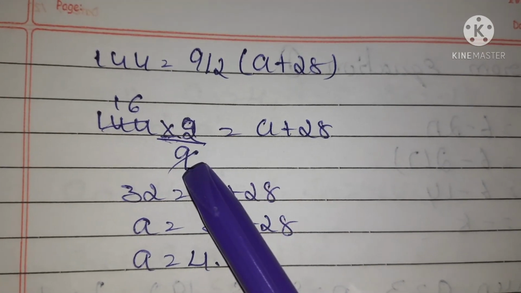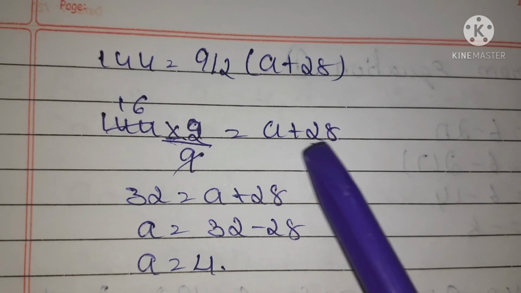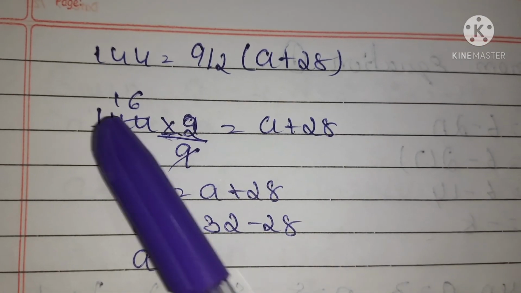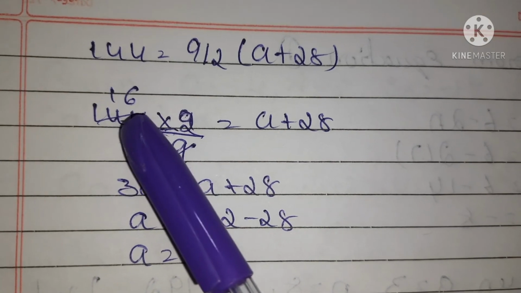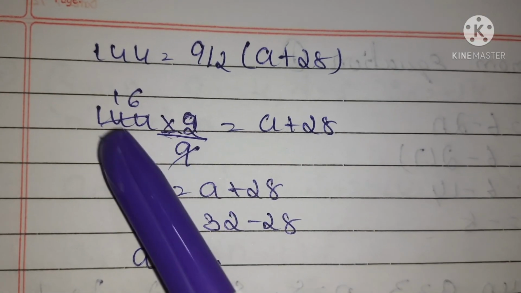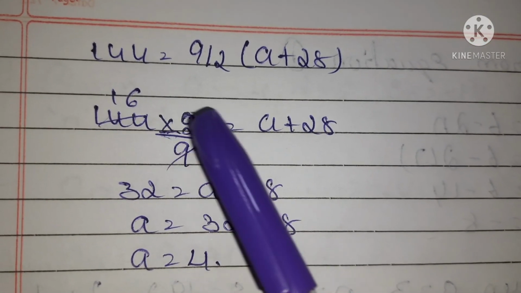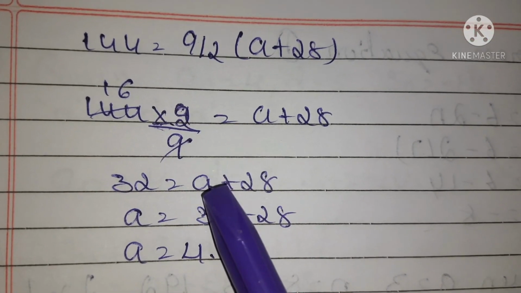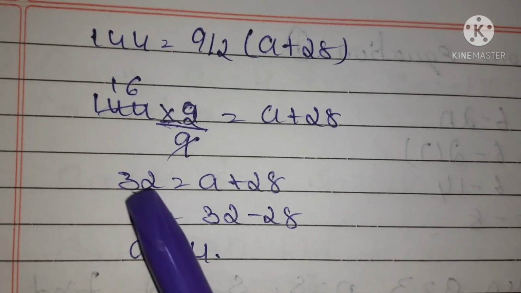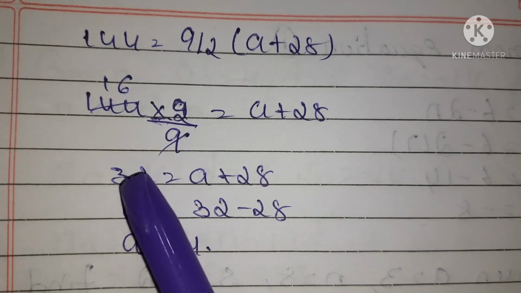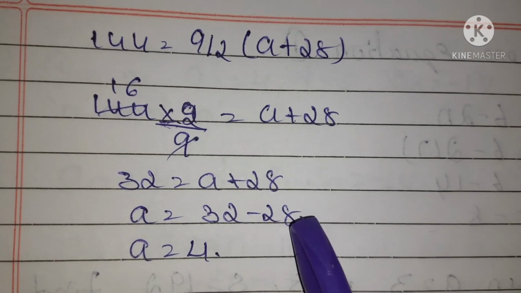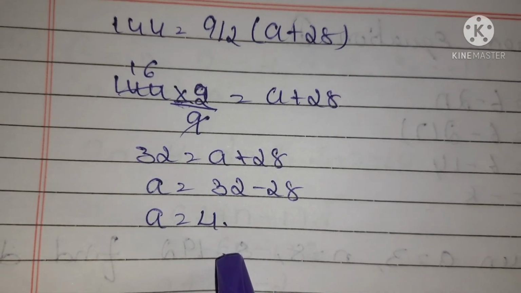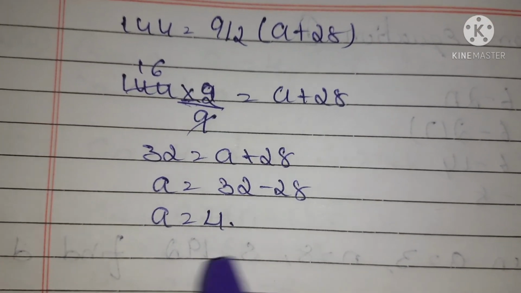That means 2 by 9 into 144 is equal to A plus 28. If we cancel these, 9 ones are 9, and here 16 will come. 9 sixteens are 144. Now 16 into 2 is 32 is equal to A plus 28. This plus 28 comes to this side, minus 28. A is equal to 32 minus 28 is 4. A value is 4.